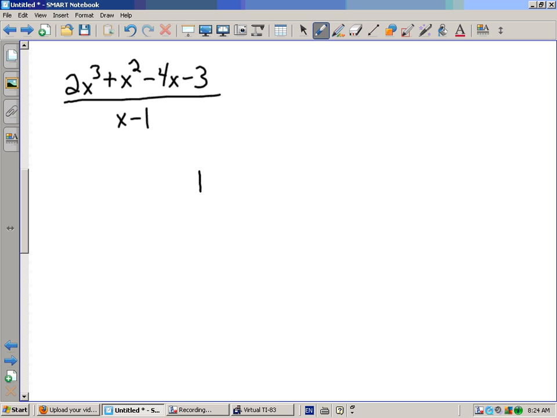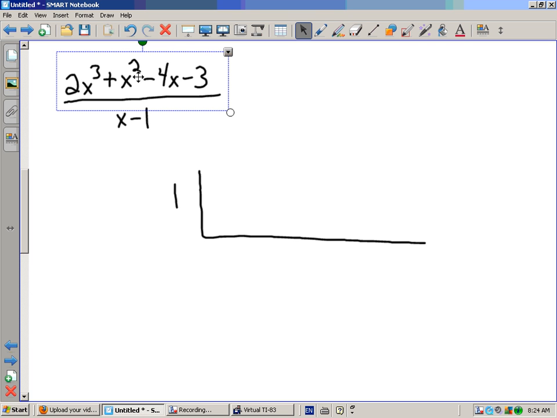We set up our sign. X minus 1, since the 0 that would give us is positive 1, we'll put a positive 1 out here. And then we're going to put the coefficients of our numerator up here. So we're going to have a 2, a 1, a -4, and a -3.